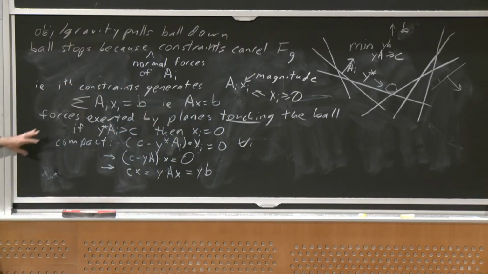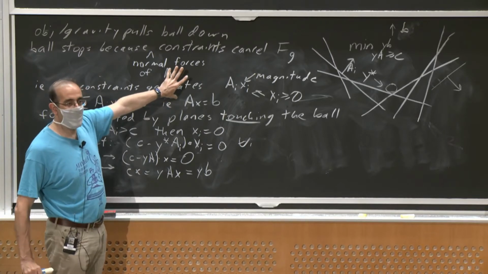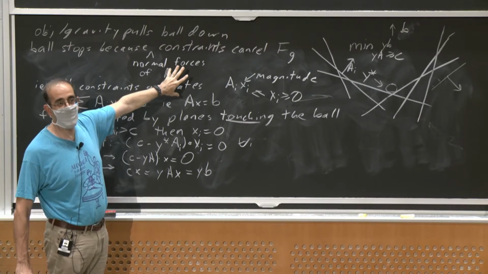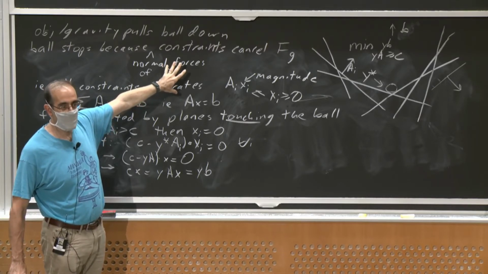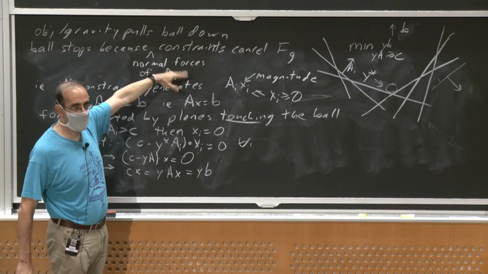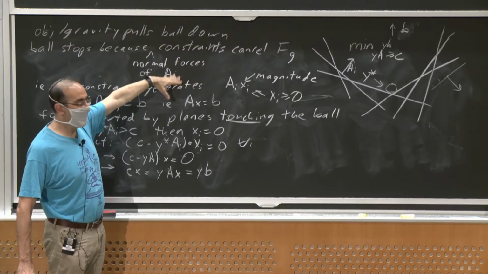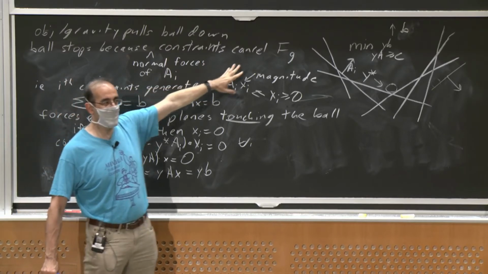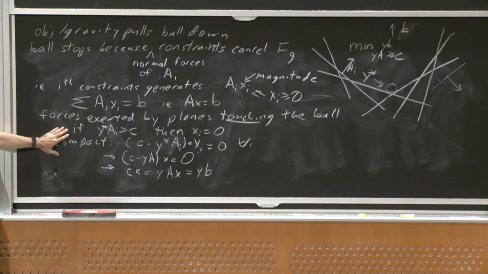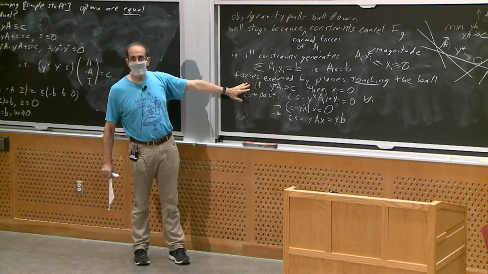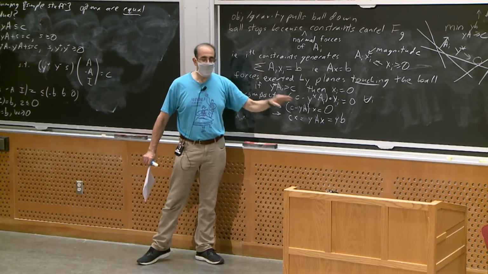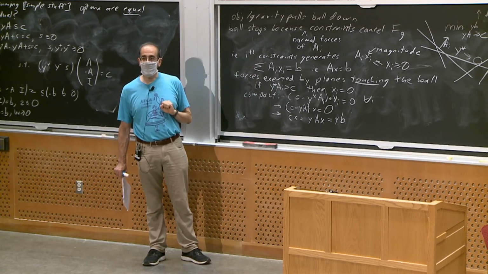So just thinking about the nature of the forces tells us that our x is feasible for the primal linear program. I started with the dual, so x is the primal, and x is feasible for the primal because of the nature of the forces. When we then bring in this other observation, that the forces can only apply from hyperplanes that are tight, that tells us that the values of the two objectives are equal.